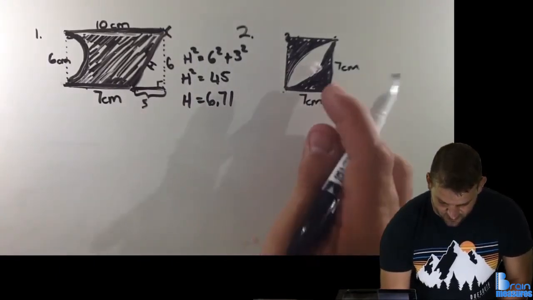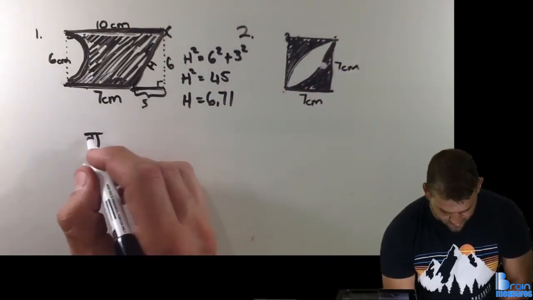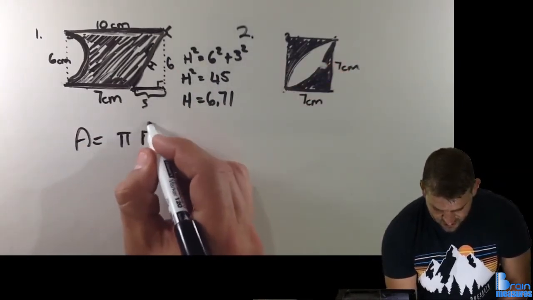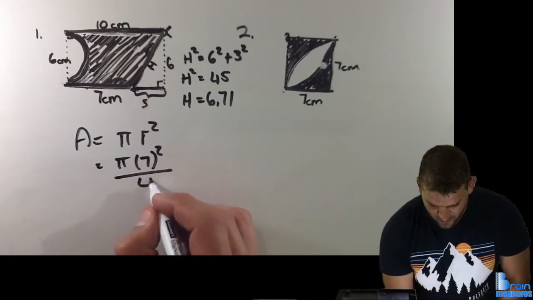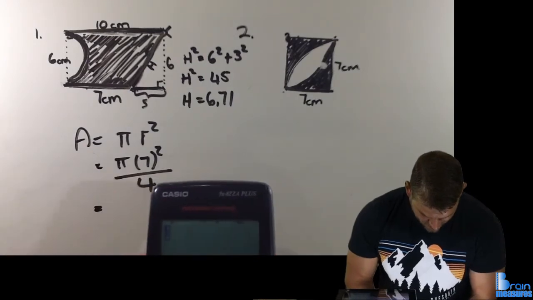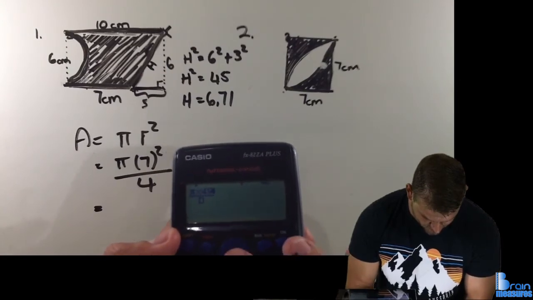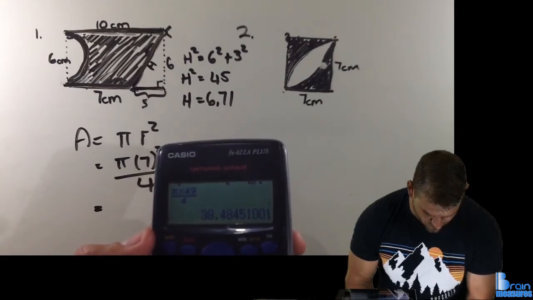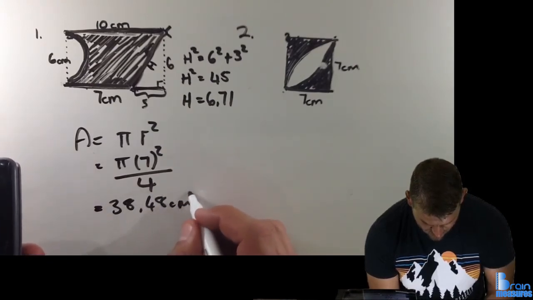Now, if I want to do this, I'm going to say like, right, it is the area of a circle, and that circle is pi radius squared, and we know the radius is 7, but we want to work out a quarter of it, and so we say pi times 49, which is 7 squared, divided by 4, gives me 38.48. 38.48 centimeters squared.